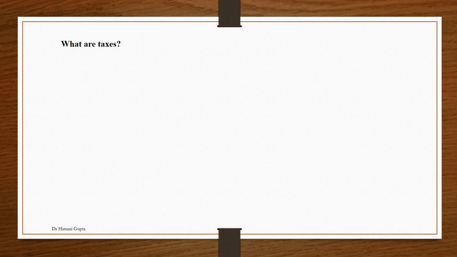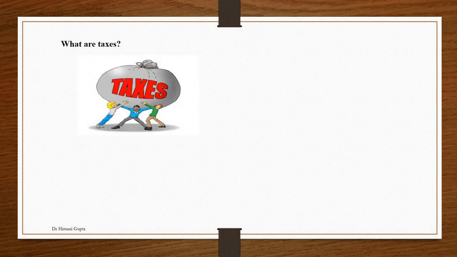Now let's understand what are taxes. What do you mean by taxes? Do you think tax is a burden, or do you think tax is a penalty on the general public? But taxes are not a new term. Taxes were there in the olden era also. When the dynasty was there, at that time also, the king charged taxes from the general public.